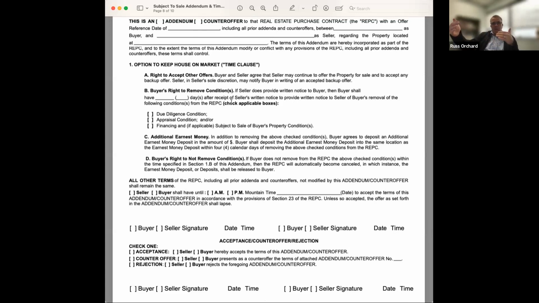Was it 2 o'clock or 2:30 or 3? Our listing agent felt like, when I gave the notice, the clock started. And they were saying, we didn't actually get the notice until a different time. So keep in mind that it's going to be 5 p.m. however many days after. And I would even recommend sending them a text saying, hey, it's 5 o'clock, we have not received anything, we're moving on to this other offer.